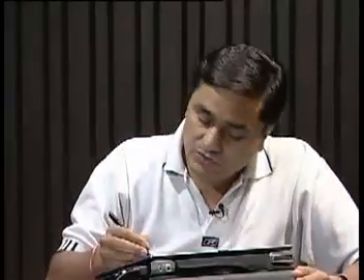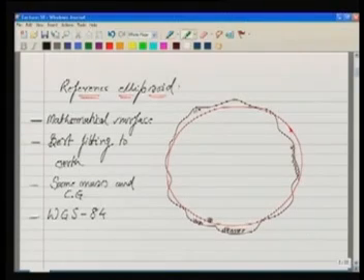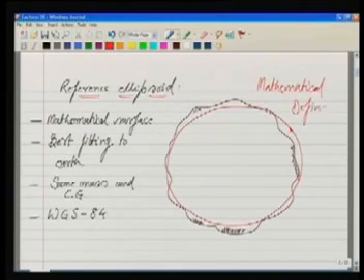So what we are doing on that undulating Earth, we are fitting an ellipsoid, which is the best fitting ellipsoid to it. So let us say this red line here is the ellipsoid, and we say this is the reference ellipsoid, because this is an ellipsoid, it is a mathematical surface, and we can define it using its parameters.